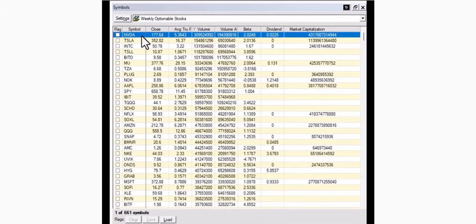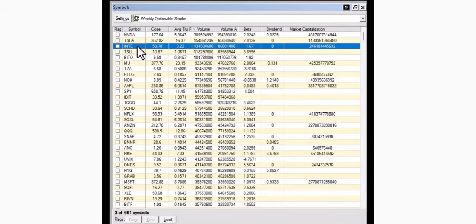For example, if I start off with NVIDIA, the chart underneath goes automatically to NVIDIA. Then I click on Tesla, and the chart comes up automatically to Tesla. So all I really have to do with this methodology, utilizing Trade Navigator, is hit the down arrow on my keyboard, and it goes to the next stock, and then the next stock, and then the next stock.